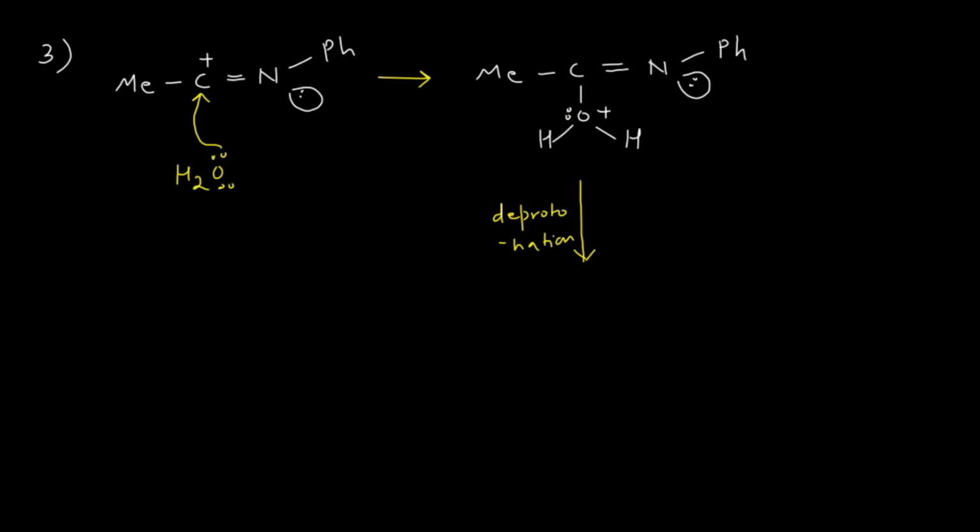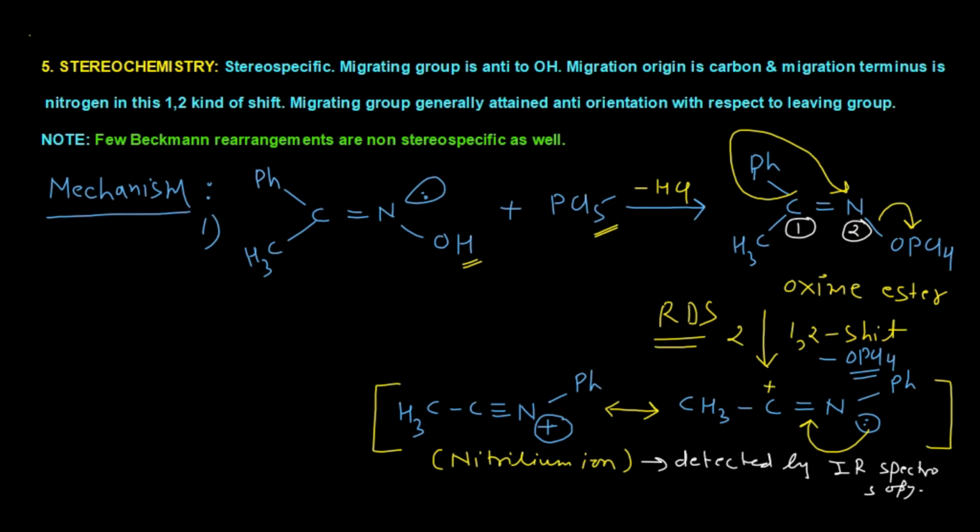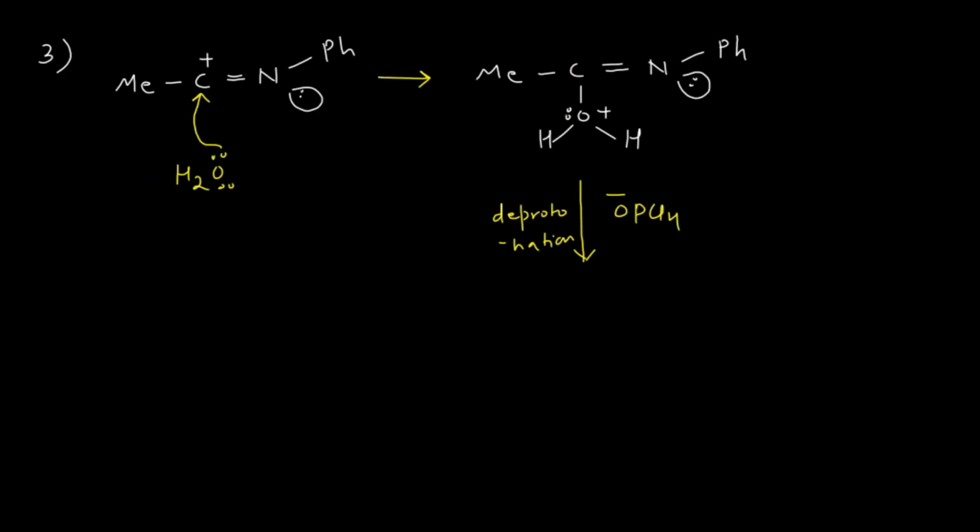So here you can see I had OPCl4 with a negative sign. Let's put the negative sign as well, as I forgot. Why the negative sign? Because this part moved along with this electron, right? That's why. And now this OPCl4 can deprotonate this thing.